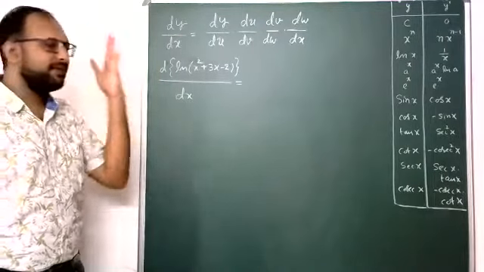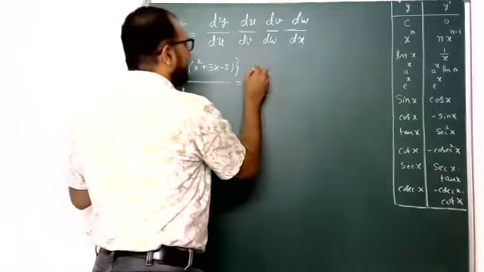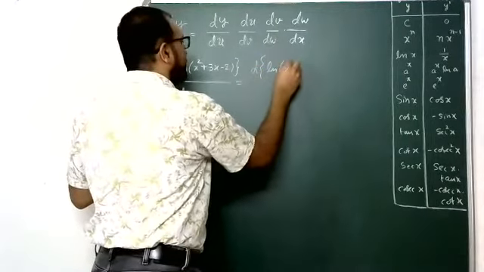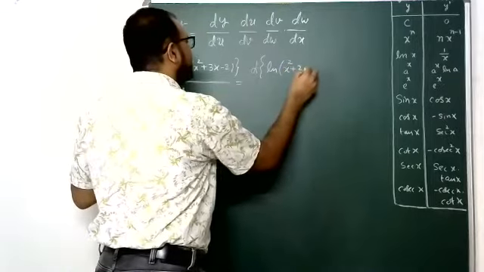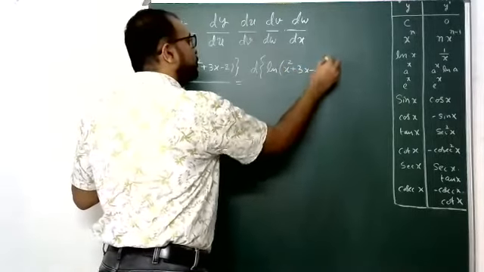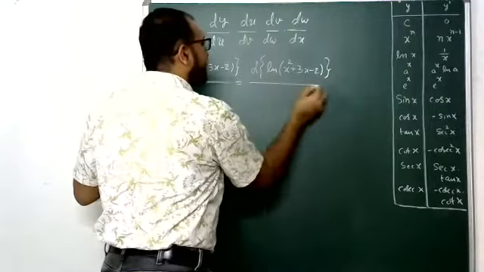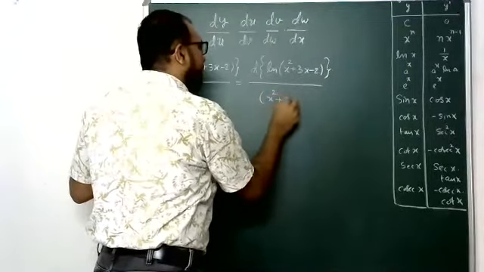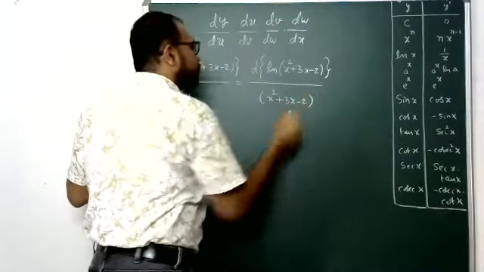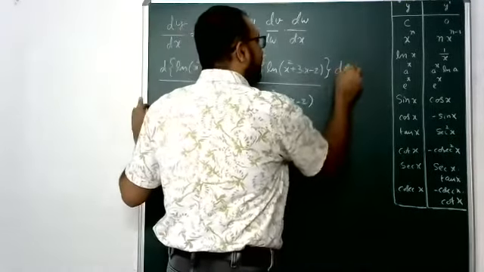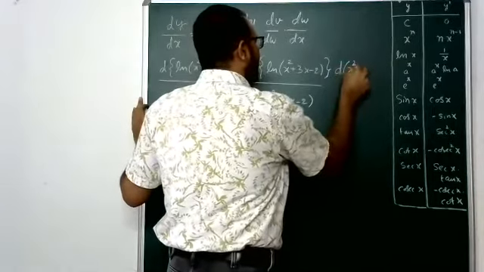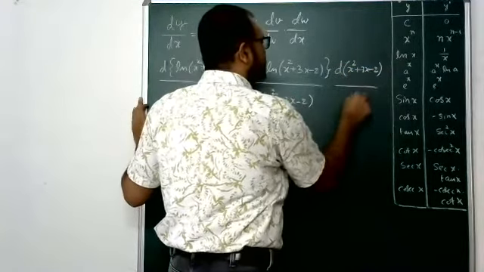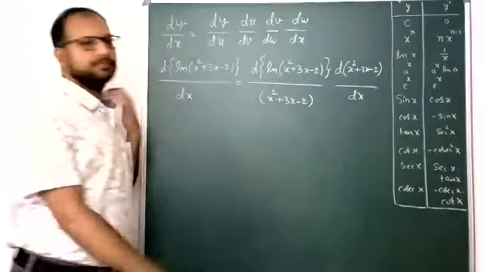See, very simply I will apply it. The derivative of ln of (x square plus 3x minus 2) with respect to (x square plus 3x minus 2) into the derivative of (x square plus 3x minus 2) with respect to x.